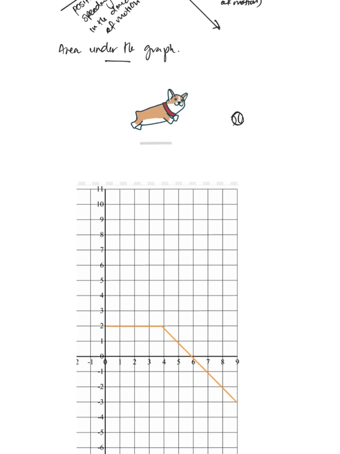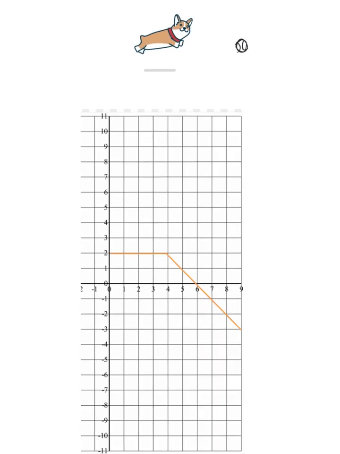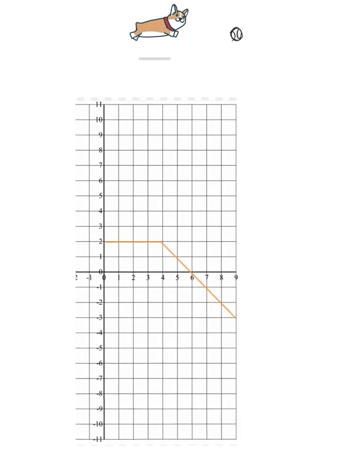The graph at the moment is an acceleration versus time graph. Here we have acceleration in meters per second squared, these are my axes, and at the bottom I have time in seconds.